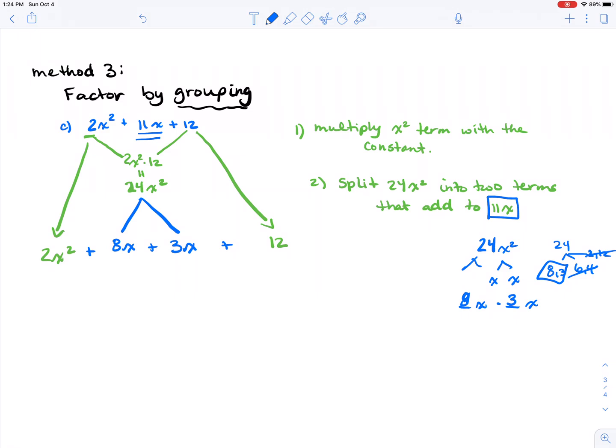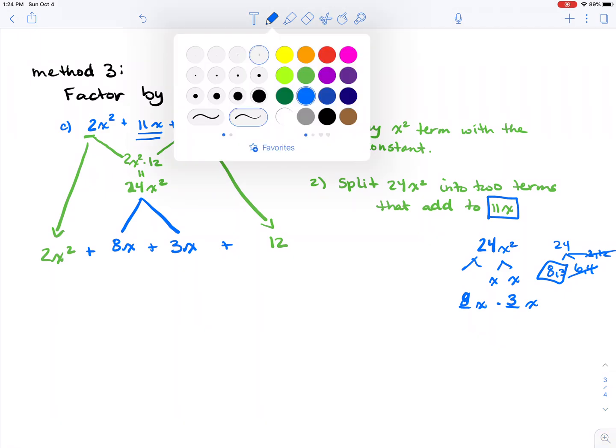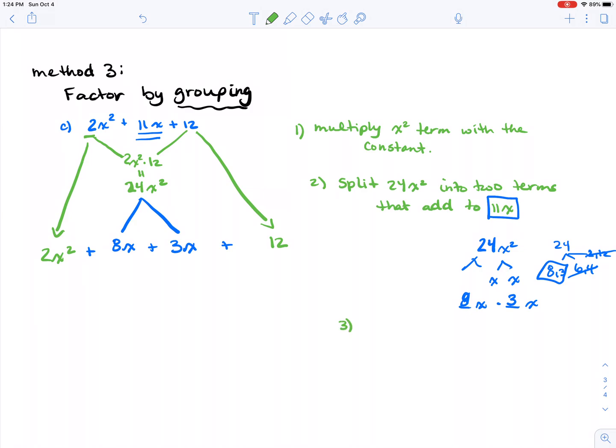Now, the next thing I'm going to do is bring down, which I've already done. I'm just writing this one down, but I already stated it. You brought down your 2x squared and the 12.